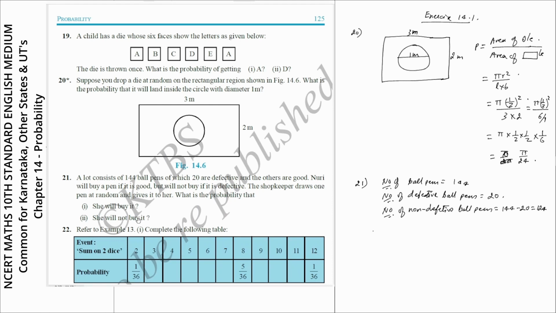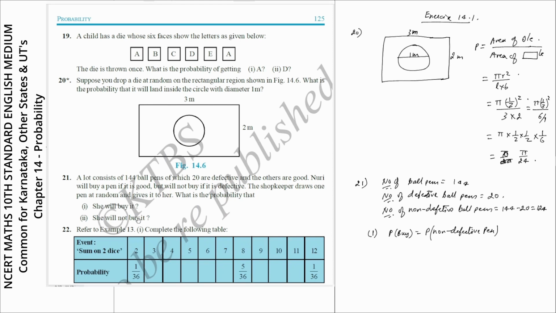Now what is the first sub question? The shopkeeper takes a pen and gives it to Noori, whether Noori will buy it or not. So probability that Noori will buy the pen is equal to probability that the picked up pen is a non-defective pen.